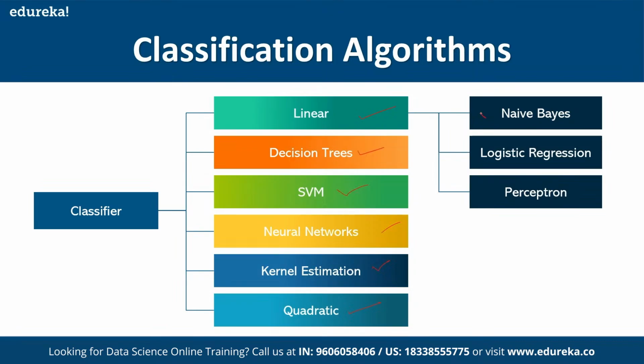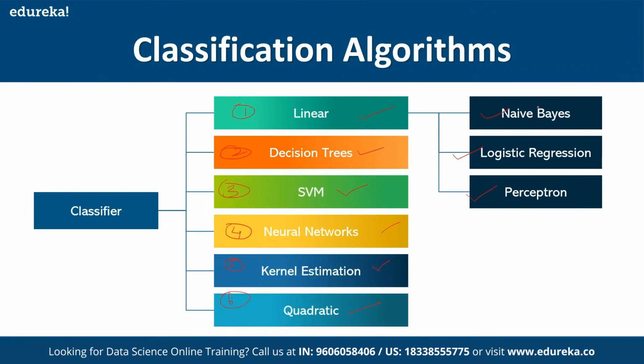In linear, again you have Naive Bayes, logistic, and perceptrons. How many of you are understanding? These are different algorithms which I can choose in order to train the model to predict what input data belongs to which categories.